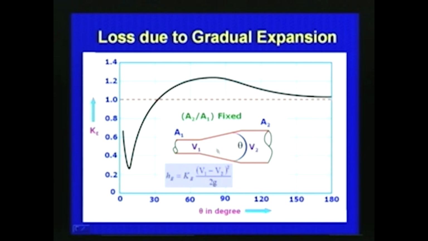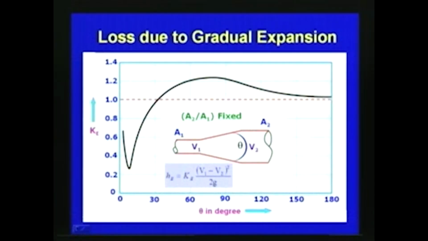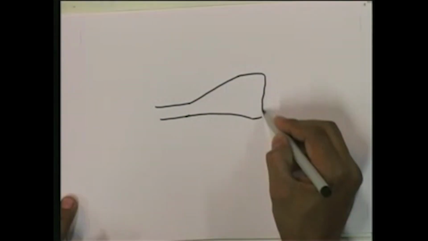Like this, for contraction also we can do a number of experiments and see how much the contraction is. We have seen the expansion like this, the expansion of the pipe with respect to the diameter change.